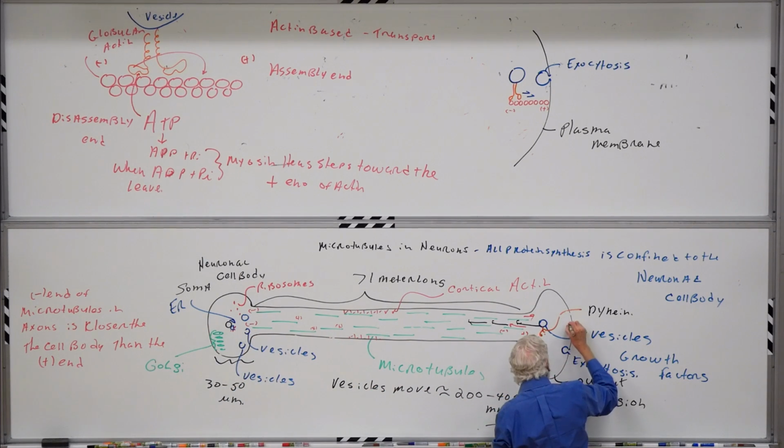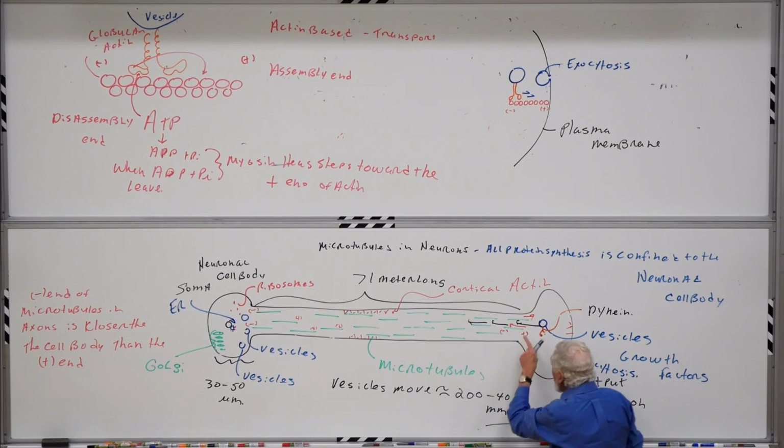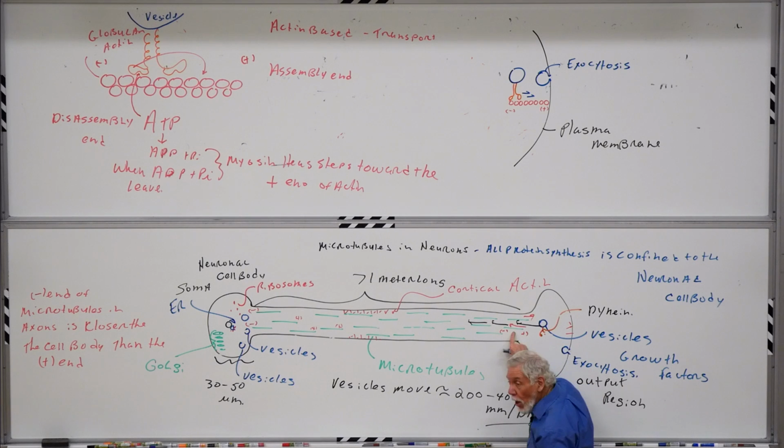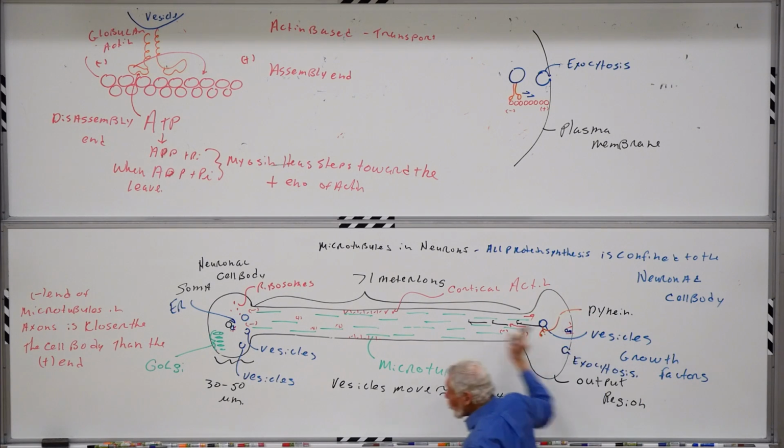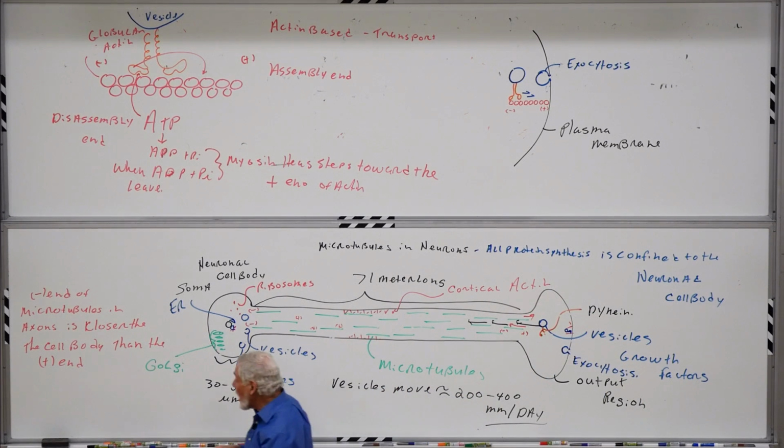And then in the terminal region, the vesicles now can be offloaded from the microtubules, attached to the actin filament, and delivered right to the strategic site where the vesicle can nestle up against the plasma membrane and at that point release its contents to the outside world. And similarly, if we endocytose membrane, we can transport it in the other direction, and let's leave it there.